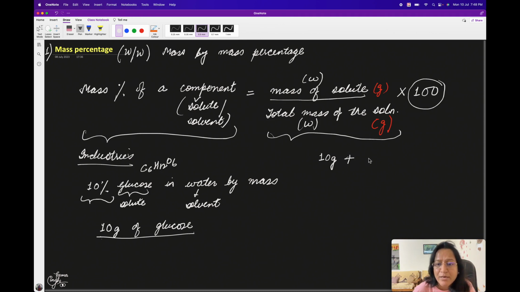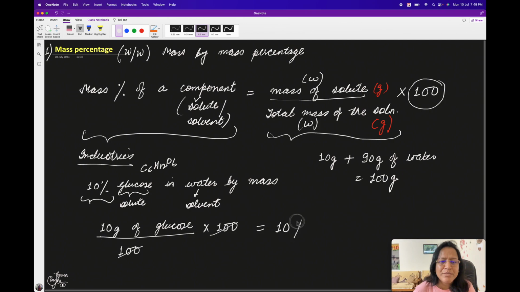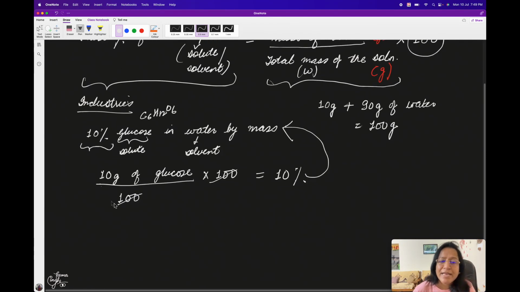We require 90 grams of water so that your solution becomes 100 grams, right? So if I have 100 here, total mass of the solution into 100, this cancels out. Won't you have 10% glucose in water by mass? So how are you going to prepare it? You're going to take 10 gram of glucose.